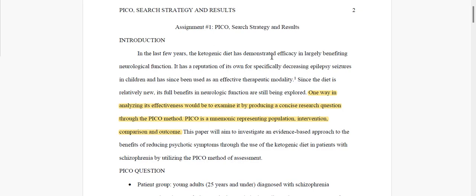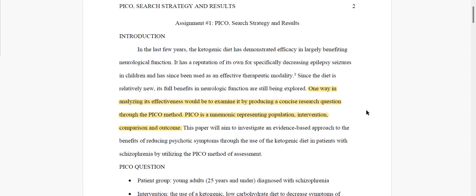So if you were doing something regarding the ketogenic diet, it may be valuable to have a few sentences in here about what the ketogenic diet is, a little bit more of the background for it, maybe a couple sentences as to what populations it is known to work well for, and maybe the biological reason or plausibility that it works the way it works.